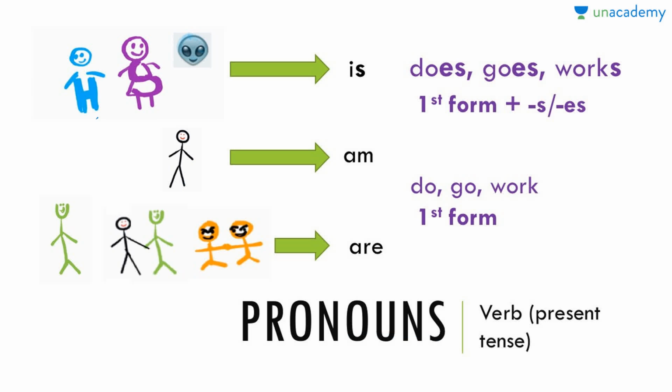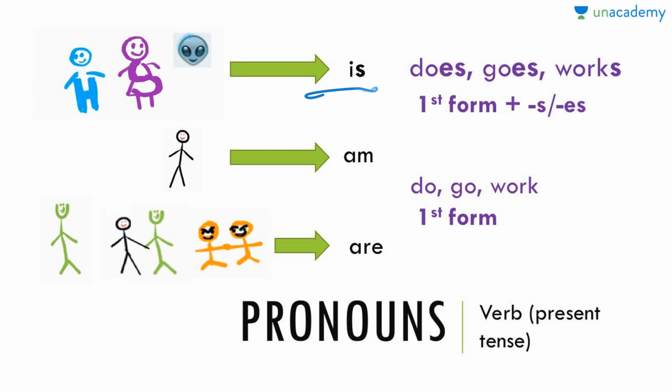Okay, so these little figures I've made just to symbolize the pronouns, that is he, she, it, I, and let's pretend that's you, we, and they. With he, she, and it, always remember that you have to use the verb and add an S at the end.